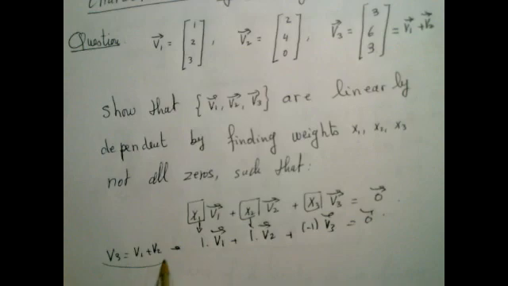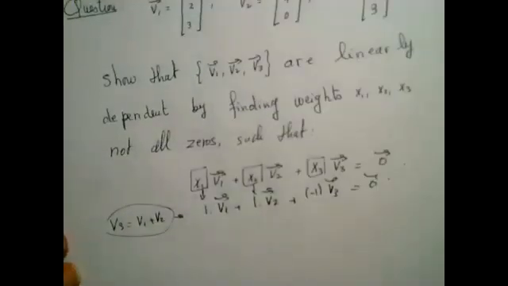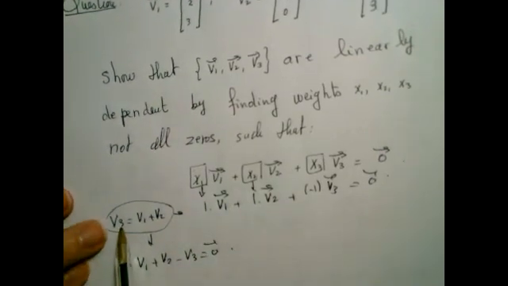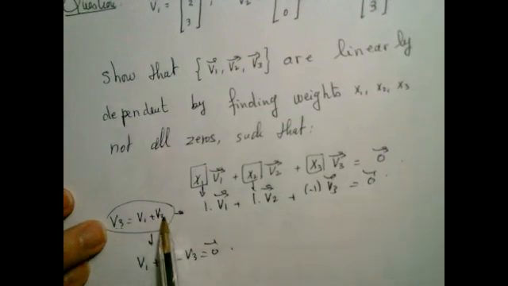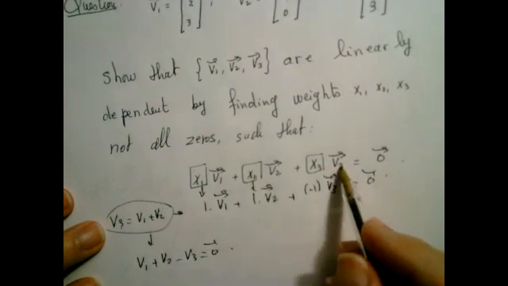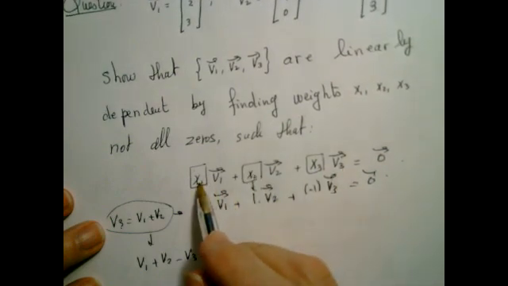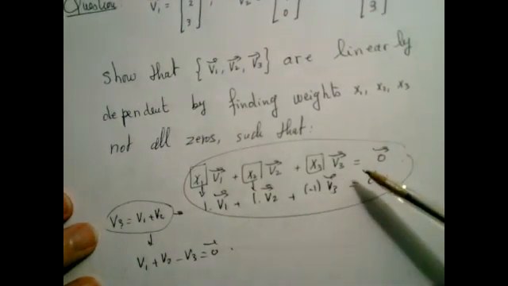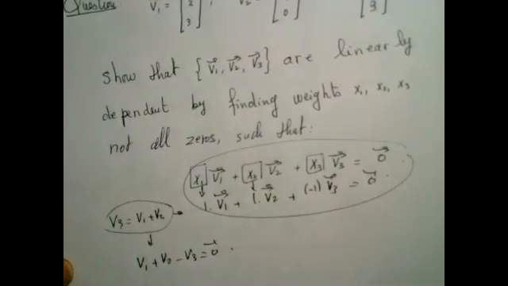He took this relationship and rewrote it as V1 plus V2 minus V3 equal to 0. So if I have one vector that is a linear combination of the other two, then I can easily find non-zero weights that make this sum equal to 0, making the vectors linearly dependent.